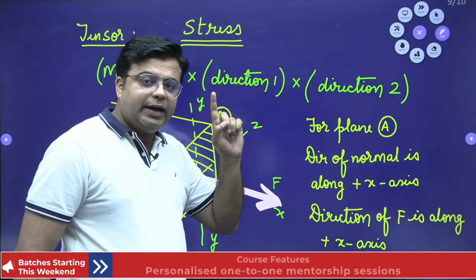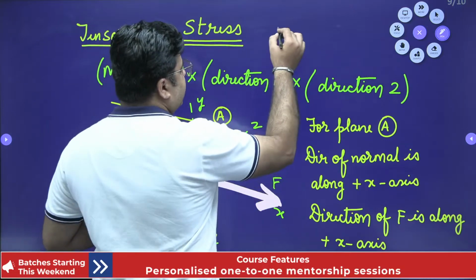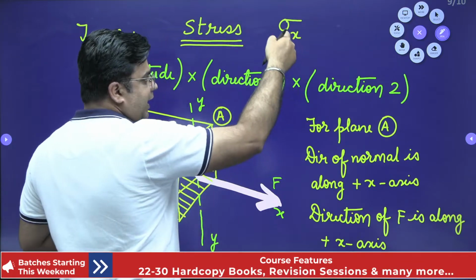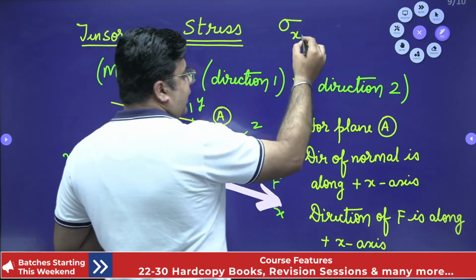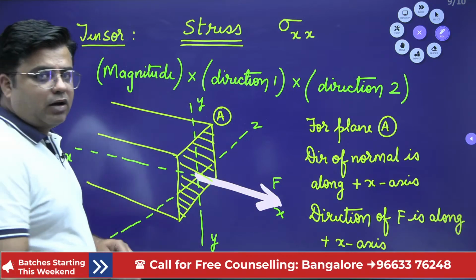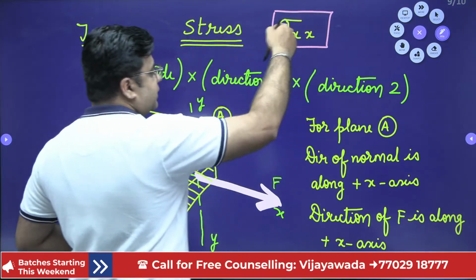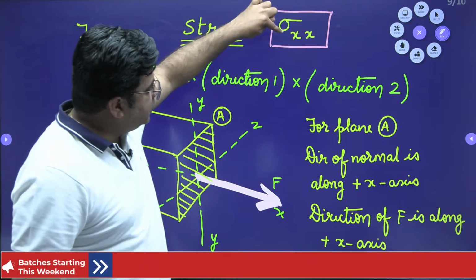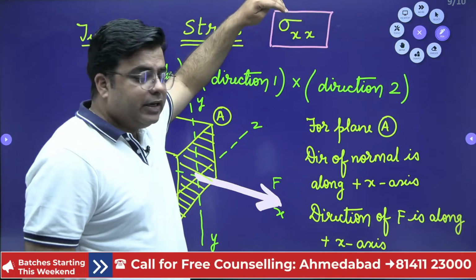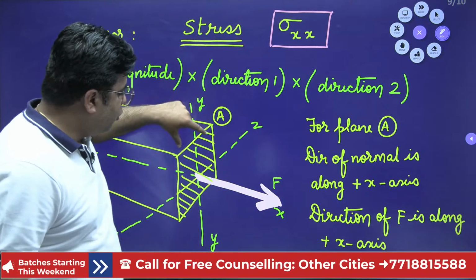So if I have to write the direct stress due to this force F, it is represented as sigma x. This x is the direction of plane, and again I'll write x, which is the direction of force. So this is how I represent any stress tensor. If I represent sigma xx, the first x tells us the direction of plane, and the second x tells us the direction of load by means of which the direct stress is coming over this plane.